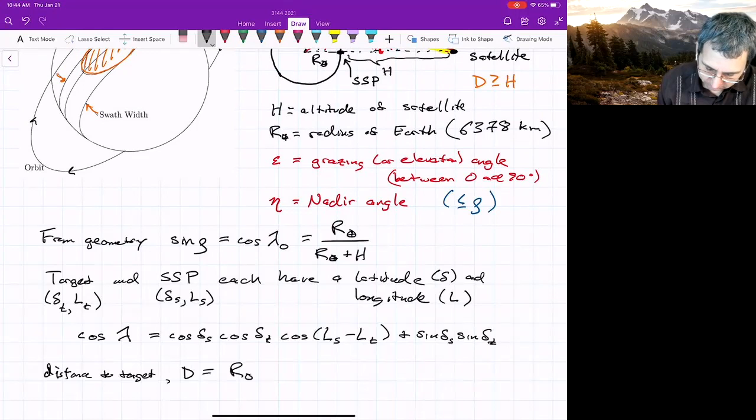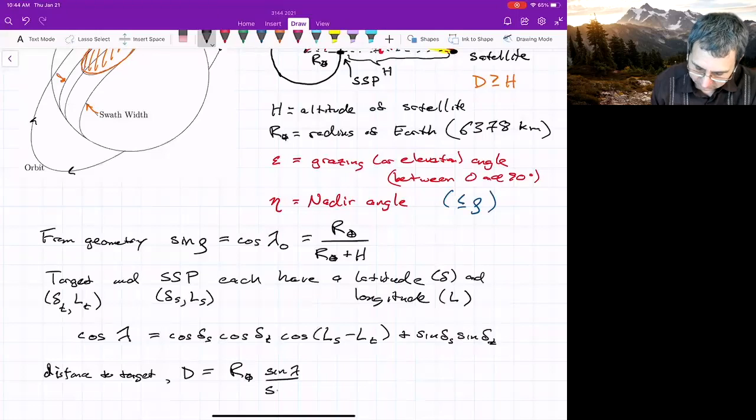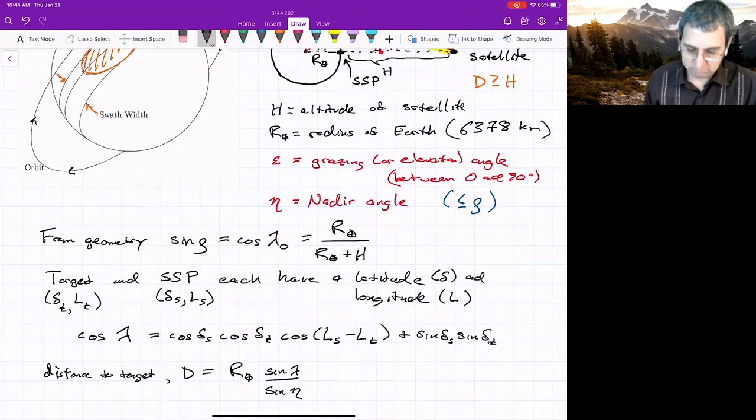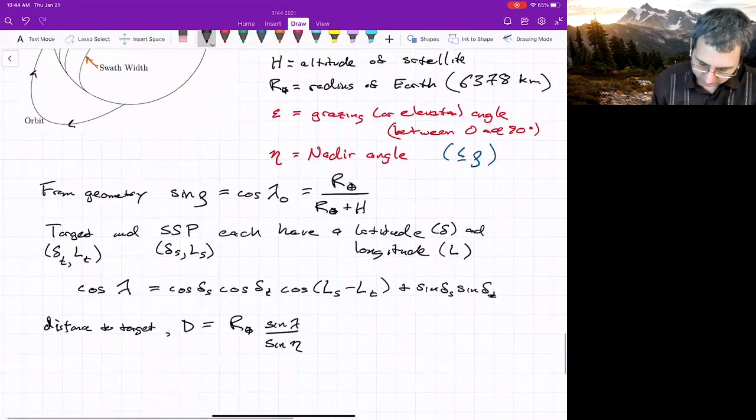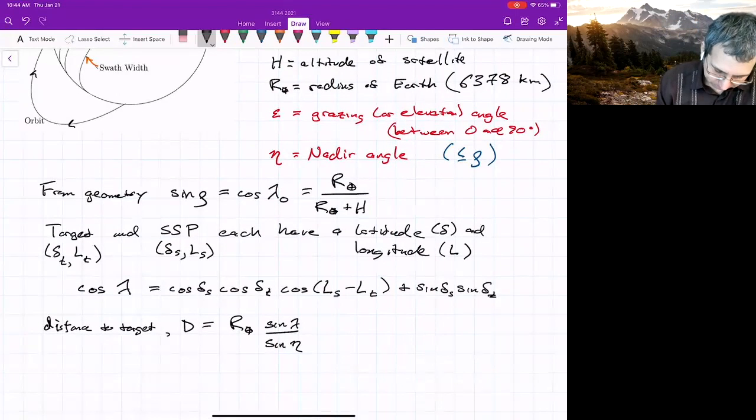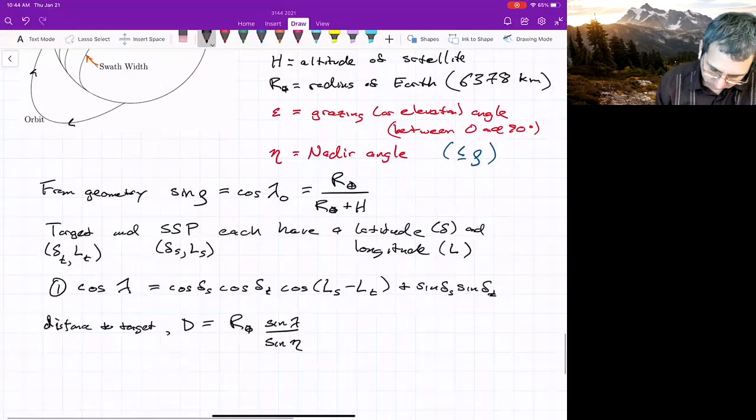is r Earth, the radius of the Earth, sine lambda divided by sine eta, the nadir angle, which again comes from geometry. You're like, well, how do I get eta? So maybe I'll label these: this is 1, this is 2, here's another 3.